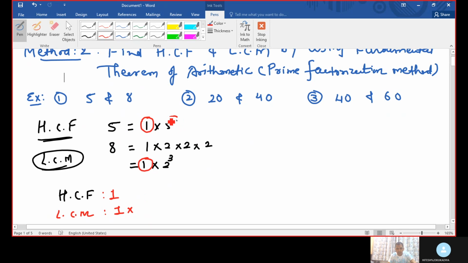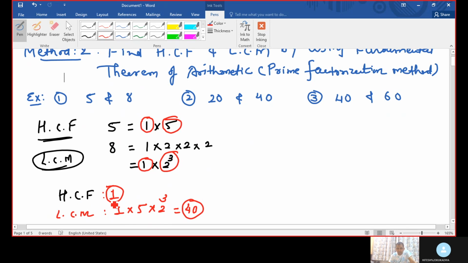In 5, this 5 is remaining. And in the factor of 8, 2 raised to 3 is also remaining. So our final answer, LCM: 2 raised to 3, 8, 8 fives are 40. So HCF is 1, LCM is 40.